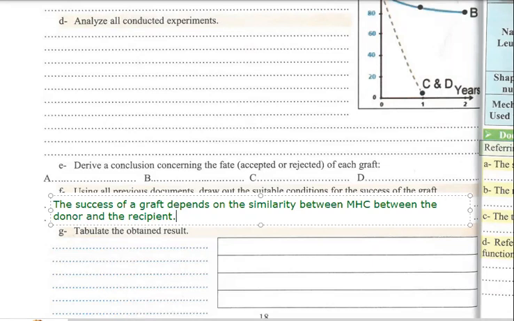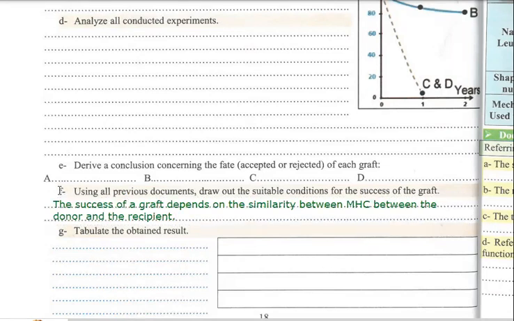We took this graft from the donor. If the HLA are similar, then accepted. We said the donor is the person that donates a graft, and the recipient is the one that receives the graft. So the donor donates and the recipient receives.